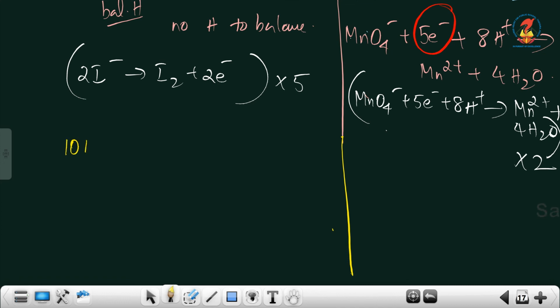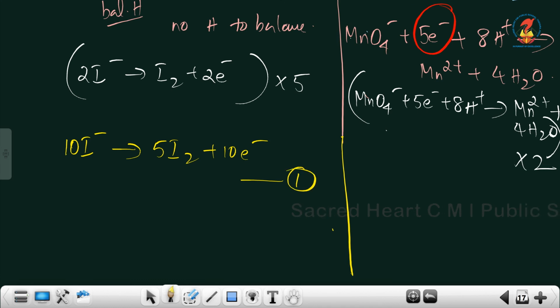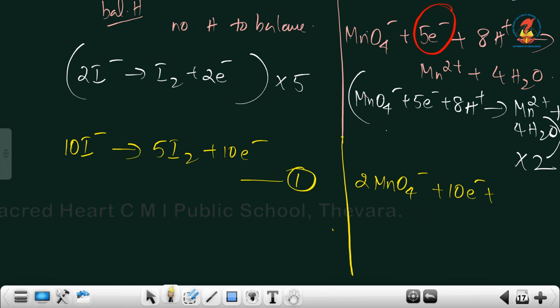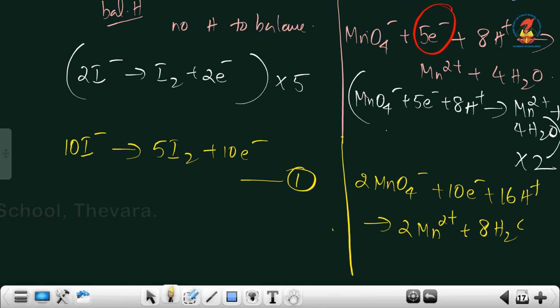Now after multiplying, the two half reactions become 5 into 2, 10I minus giving 5I2 plus 10 electrons. This is our first half reaction. Now here, 2MnO4 minus plus 10 electrons plus 2 into 8, 16H plus giving 2Mn2 plus 8H2O.